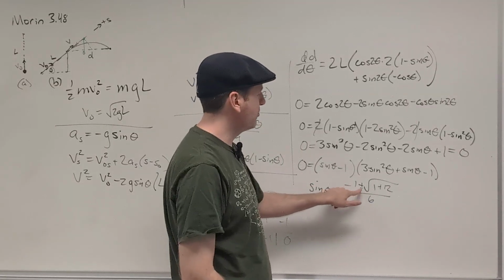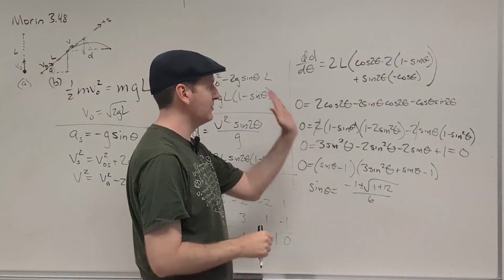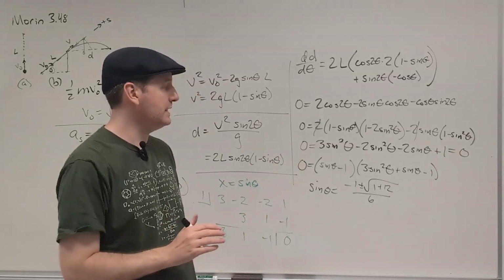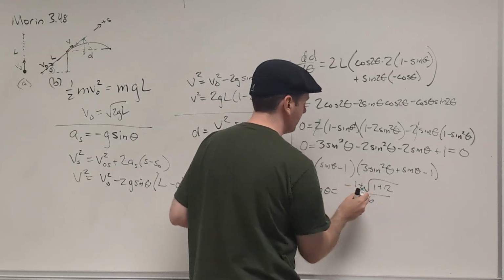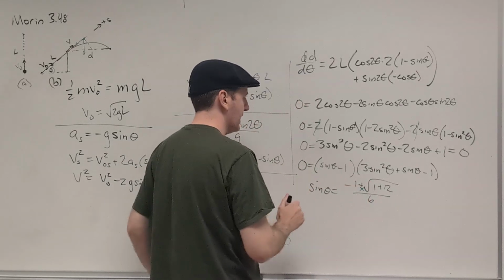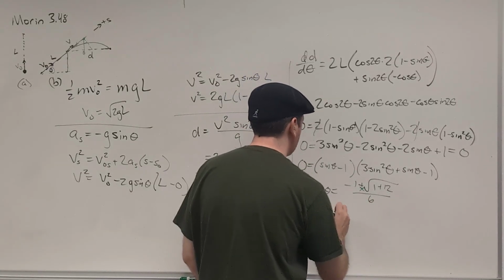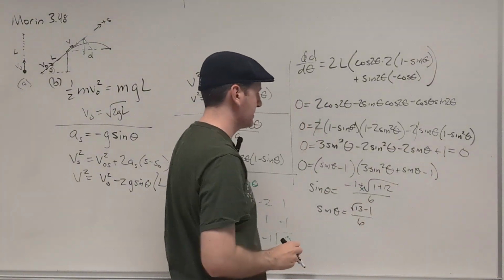I don't want minus 1 minus root 13. That would be like either firing it down into the ground or maybe firing it kind of into the third quadrant or something. That's silly. So we're going to drop off the negative sign here. And we'll just get our final answer of sine theta is root 13 minus 1 all over 6.